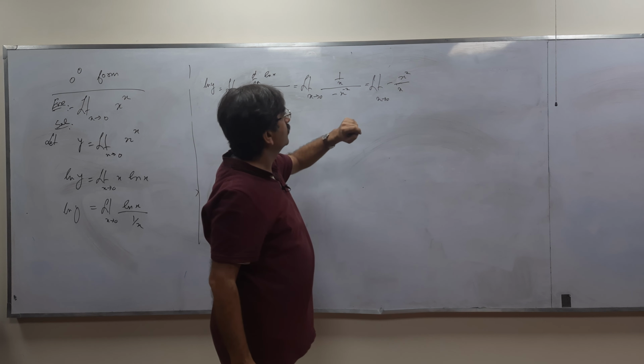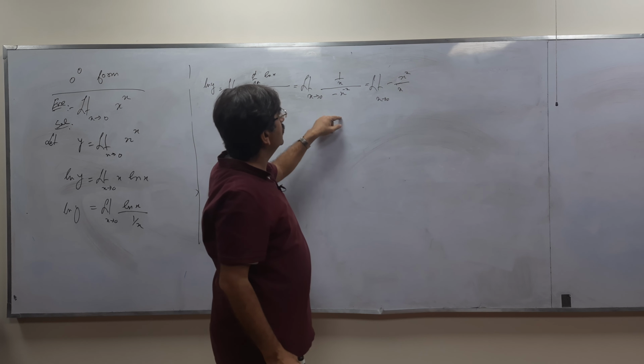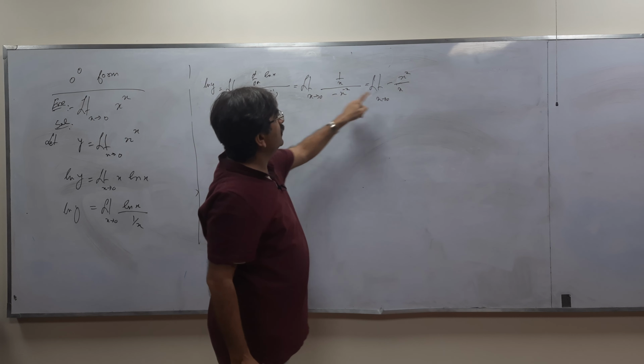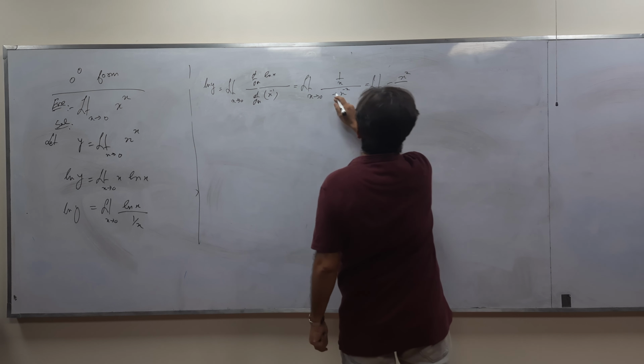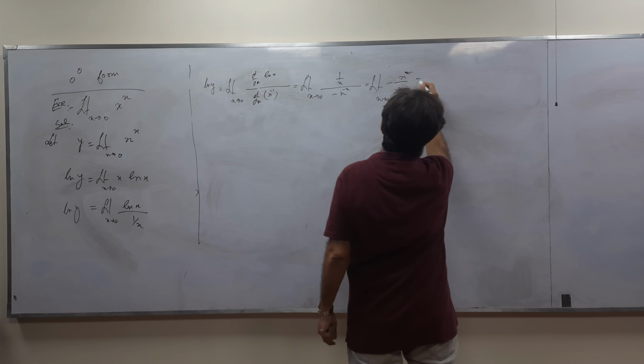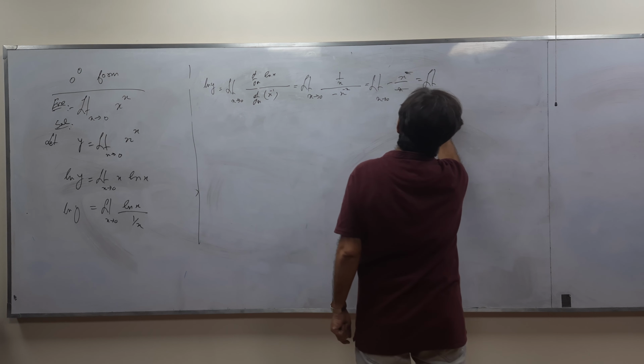I didn't take the LCM. This is 1 by x, and x to the power minus 2 goes up and becomes plus 2, and minus is minus, so this will be equal to the limit as x approaches 0 of minus x, so that will be 0.